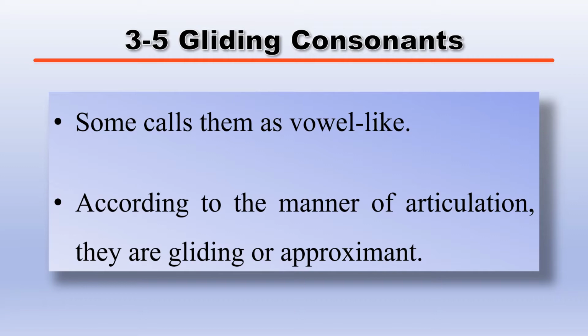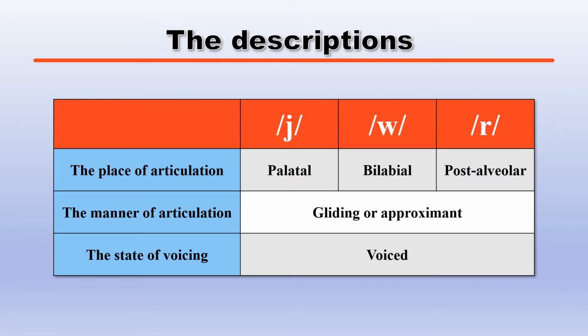And they are vowel-like because there is a similarity. Not all of them, but y and w resemble some vowels in English. But according to the place of articulation, they are different.